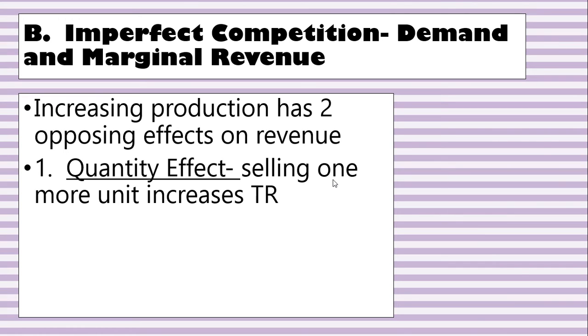One thing that can happen is what we call the quantity effect. When the quantity effect is dominating, that means that selling an additional unit of the good increases the total revenue.